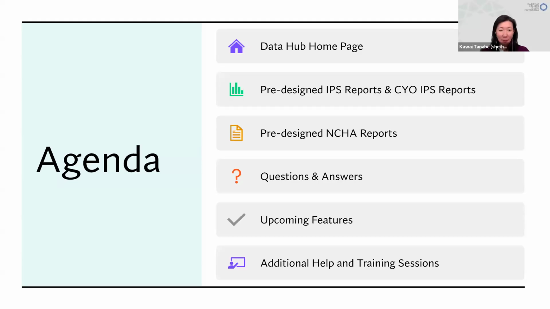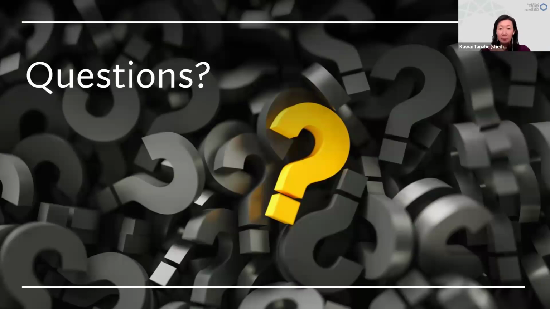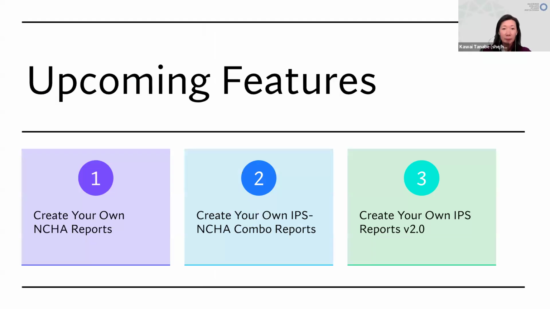All right. So the next thing I had on my agenda was questions, but maybe I'll go through some of the upcoming stuff and training, and then we'll finish with the questions if that would work. Some upcoming features in the next few months or throughout this year: we are hoping to get out to you all create your own NCHA reports. I showed you a little bit about create your own IPS reports.